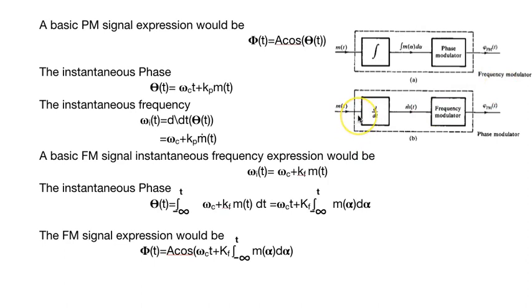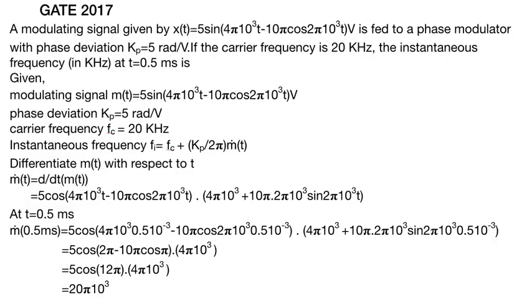And if we differentiate a signal and pass it to a frequency modulator, we get a phase modulator. That is important and crucial to remember. Now let's look at the GATE ECE 2017 question.